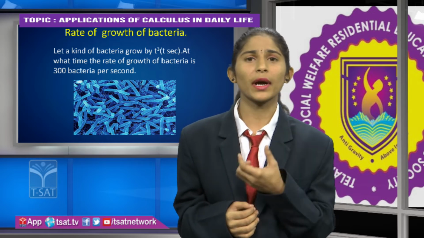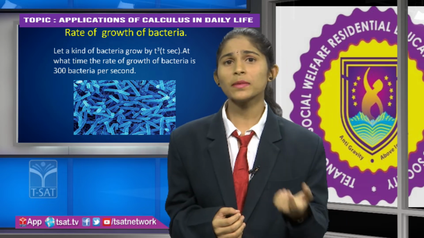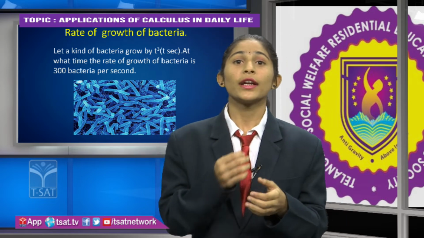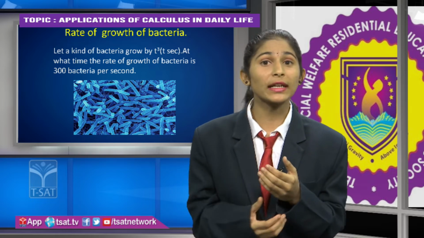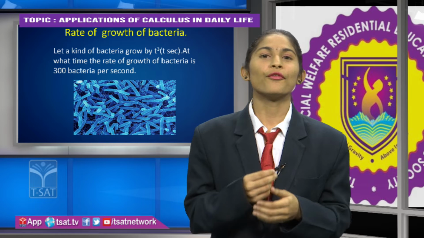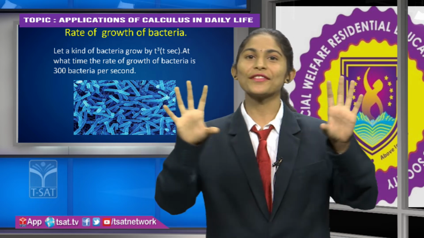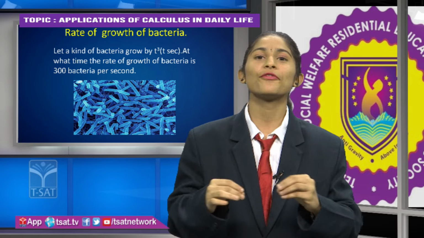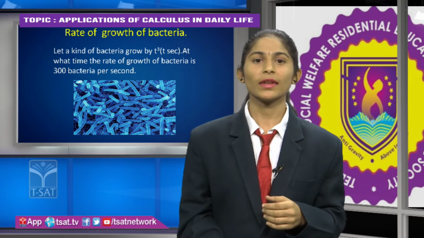Here, a kind of bacteria is growing t cube times in t seconds. The question is to find the time at which the rate of growth of bacteria is 300 bacteria. So, calculus comes into our mind to solve this problem, then the problem feels happy. Okay, let's solve this problem.